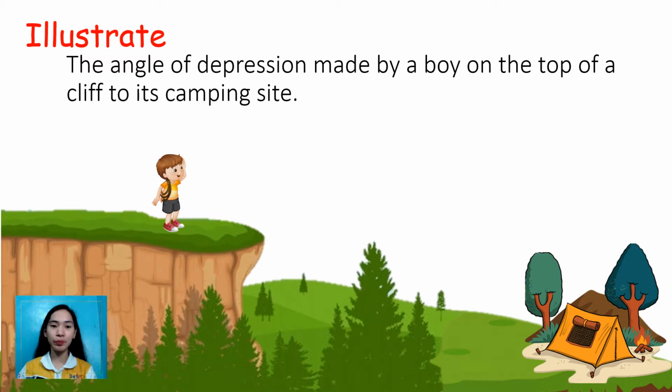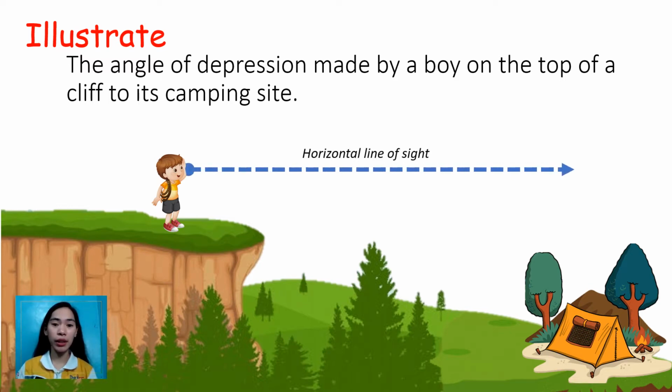Number 2. Illustrate the angle of depression made by a boy on the top of a cliff to its camping site. First, let us illustrate the objects. We have here the boy on the top of a cliff, and then a camping site. In order for us to draw a horizontal line of sight, we will first start at the eye of the observer, which is the boy.